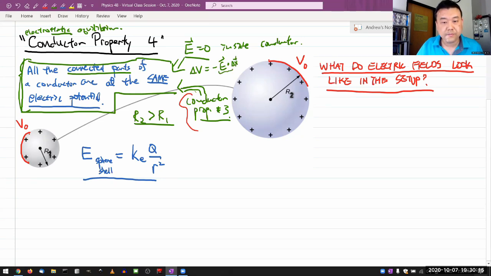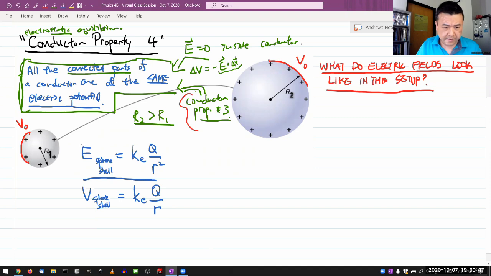This should remind you of the work done by conservative force. So using the definition of voltage, we can derive an expression for voltage of a spherical shell. So voltage of a spherical shell is given by this. And this is under a very specific convention, which I'll write down right after I write down the formula. The formula for this is the Coulomb constant times the charge divided by R.